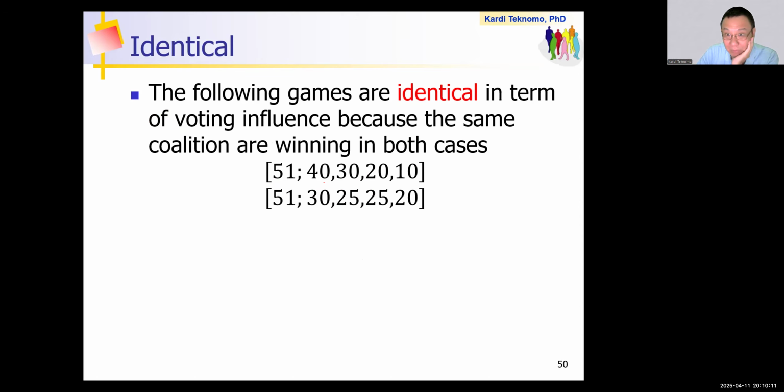If you join 40 and 10, that is less than 51, so you cannot win. So you need 40 and 20 to win this decision of 51, and so on. The same coalitions, the same players, so it means they are identical.